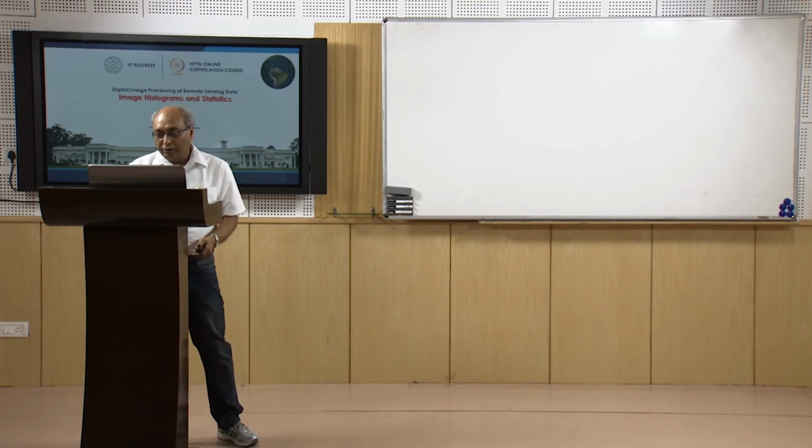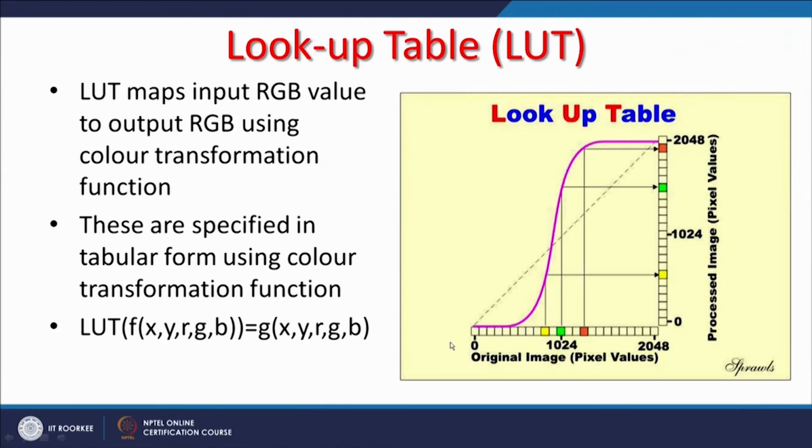An example is given here, but instead of 0 to 255, you have an example of 0 to 2048, and on the y-axis also 0 to 2048 values. If a pixel has, say, a value of 500 or 1000, then the corresponding value for display would be somewhere here.